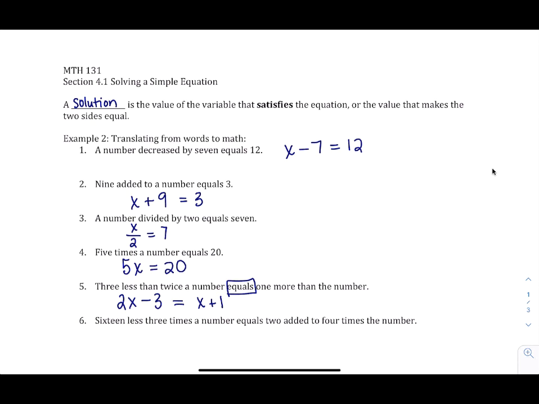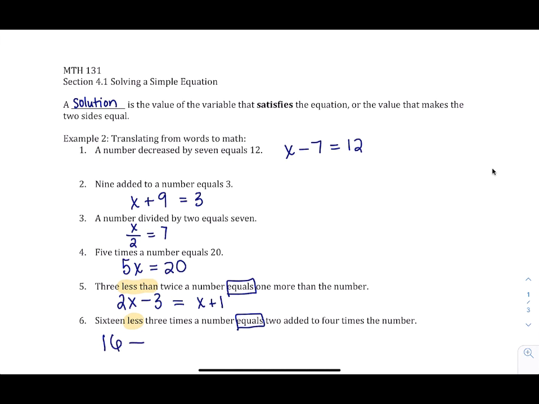And then the last one, 16 less 3 times a number equals 2 added to 4 times that number. So let's focus on what comes before the equals. This one's different. 5 says less than, and 16 just says less. So the difference here is it actually is 16 minus.